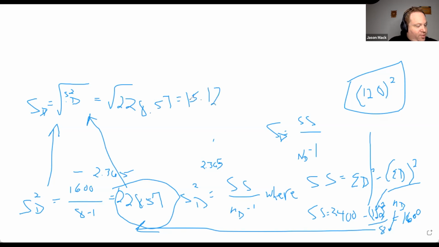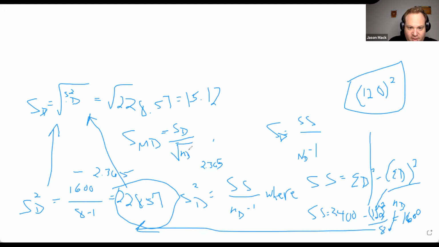15.12. And then if we want to get the standard error for the difference of the scores, SMD, that's going to be equal to the square root, we substitute our standard deviation difference, which we have right here, divided by the square root of N, or our population difference.